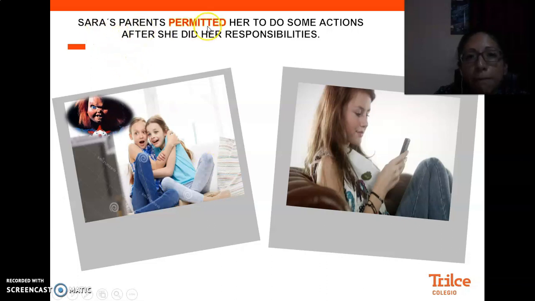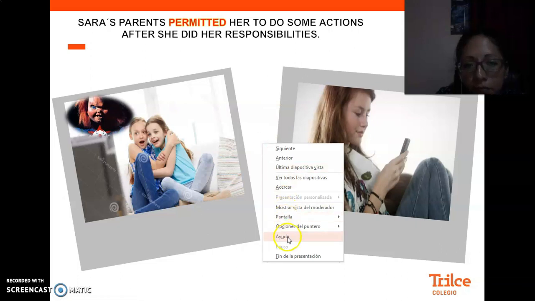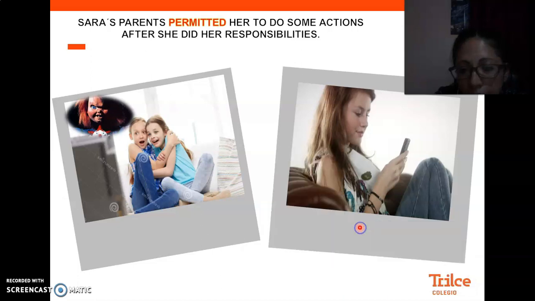Sarah's parents permitted her to do some actions after she did her responsibilities. After Sarah did her responsibilities, maybe her parents gave her permission to do something that she usually liked to do.